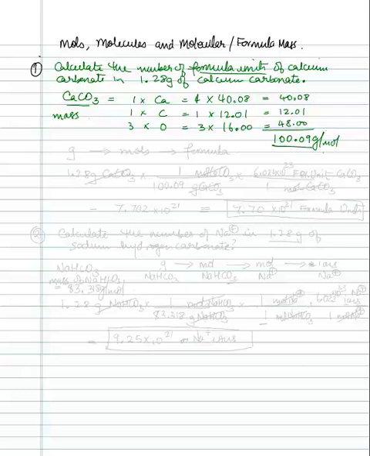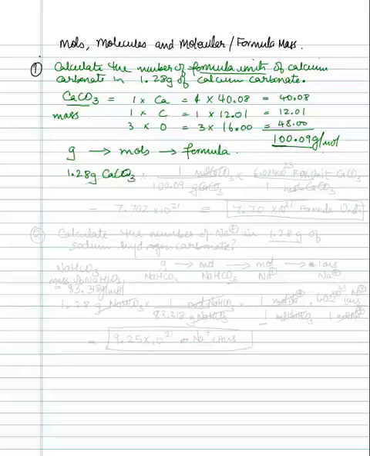Our strategy for this kind of calculation, where you need formula units, is to go from grams to moles to formula units. Remember, we decided that before, that you have to go through the moles. Because we needed to go through moles, that's why we calculated the formula mass. So we have 1.28 grams of calcium carbonate.